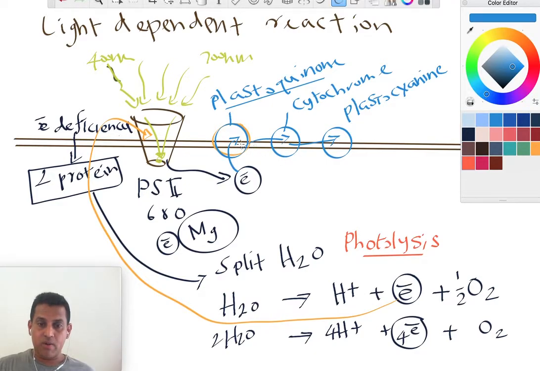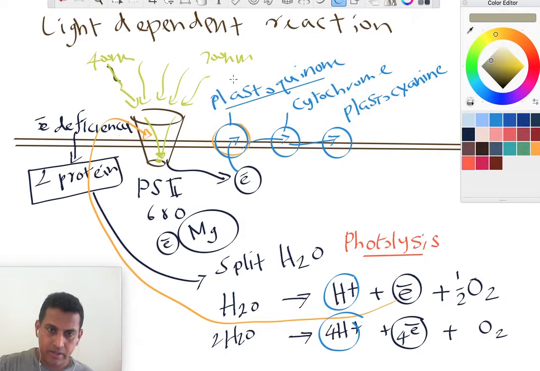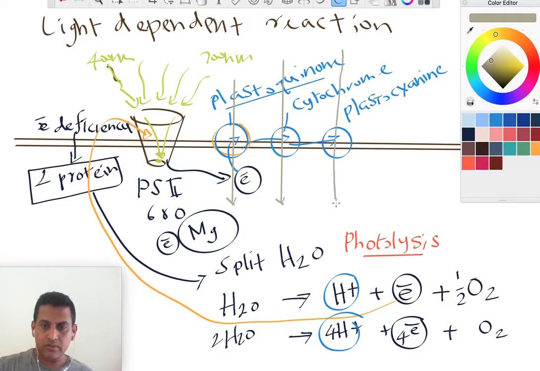When the electrons move from this complex to this complex to this complex, the energy is used to pump hydrogen ions from outside the thylakoid into the inside of the thylakoid.